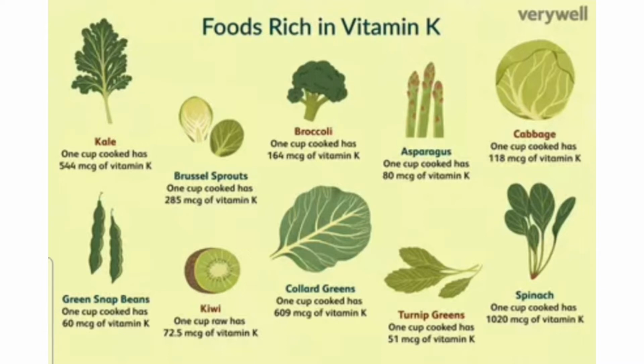As vitamin K is a fat soluble vitamin, not a water soluble vitamin, it cannot be excreted from the body easily, so it can be stored in the animal body. When we consume those animals, it can come to our body as well.